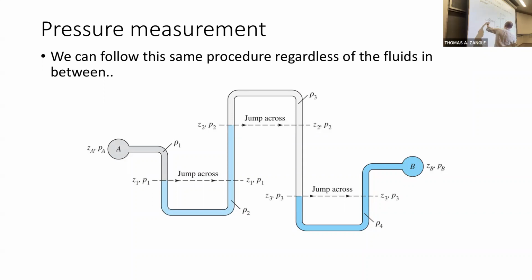We can say that P1 is greater than PA, P1 is greater than P2, and so on, P3 is greater than P2. But to find the relationship between PA and PB, we have to work with the whole problem. Despite the fact that P3 is lower than P1, we still don't know if it's at a higher pressure, because we don't know the specific gravity.